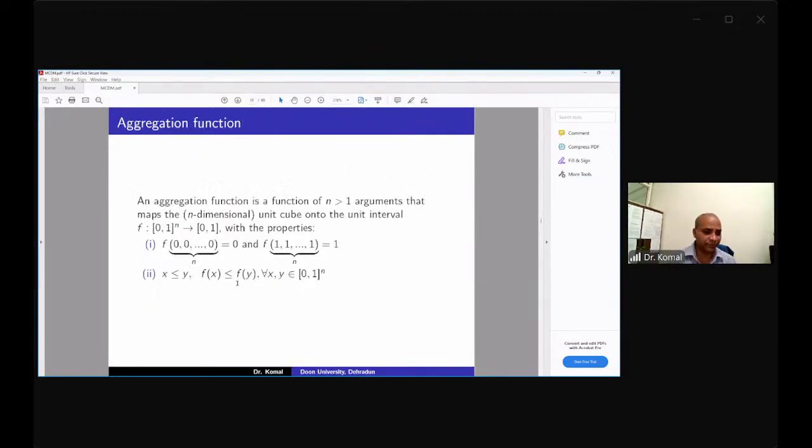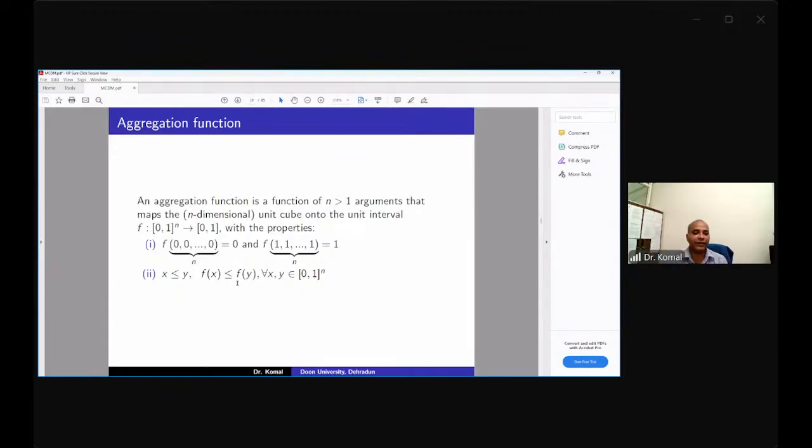Now, what is an aggregation function? Because the second component is the aggregation function. An aggregation function is a function of n greater than 1 arguments that maps the n-dimensional unit cube onto the unit interval, given by f from [0,1]^n to [0,1], with these two properties.